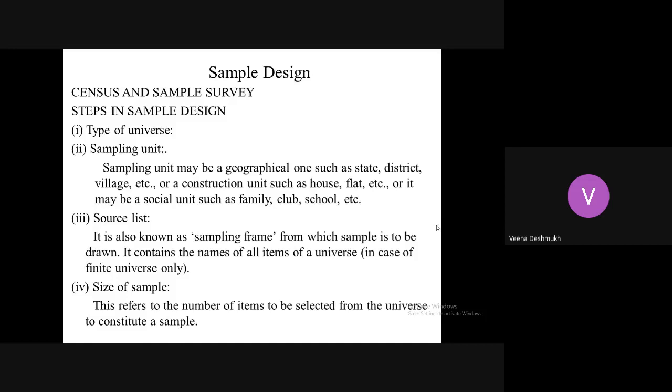You can select a smaller unit. Size of the sample, you can decide. See, 1 in 10. So that means total samples, how many you are going to collect among the 100 people? 10 samples you are going to collect. So depending upon the issue, you can choose the size of the sample.